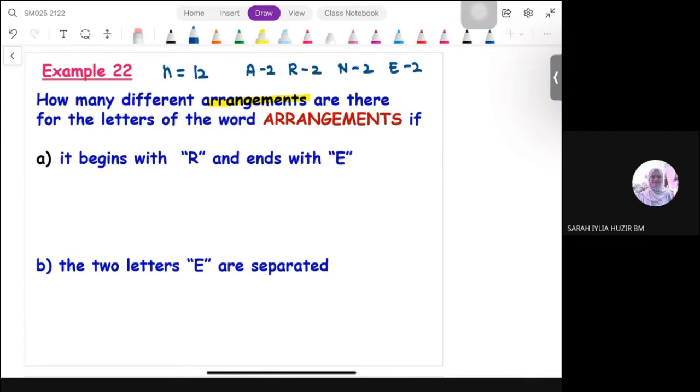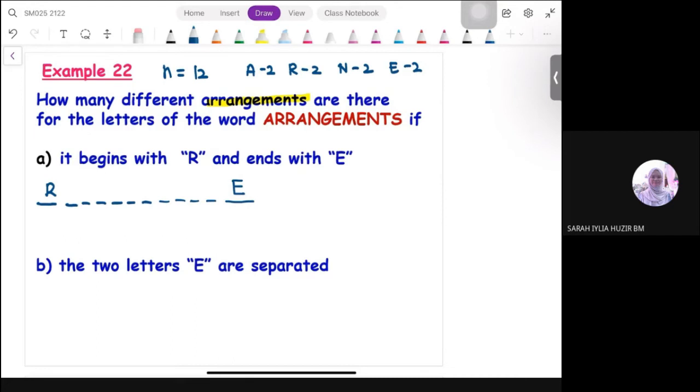Alright, let's go through the situation. First one, it must begin with R and end with E. So we have 12 spaces. Okay, I have made the boxes. It says it must start with R and must end with E. The remaining 10 spaces have no condition. So how do we do this? Careful here.